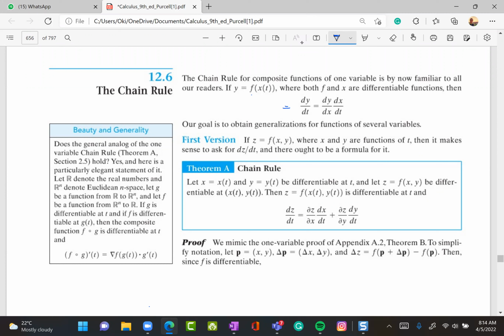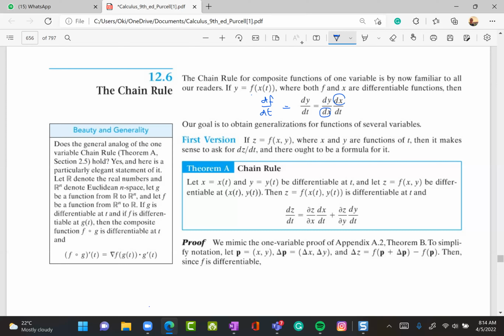This equals df over dx, since f is a function of x, times dx over dt, right? I call it a chain because the dx may cancel, leaving you with just dy over dt. Okay, so that's one variable.